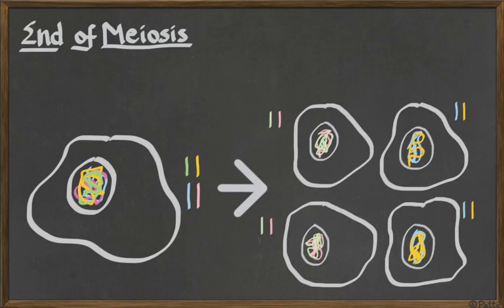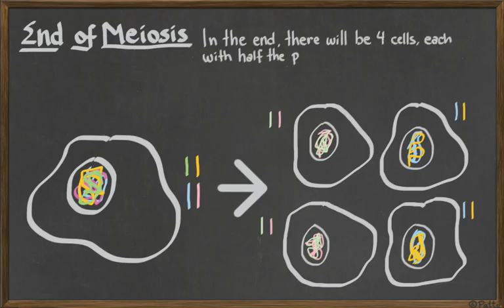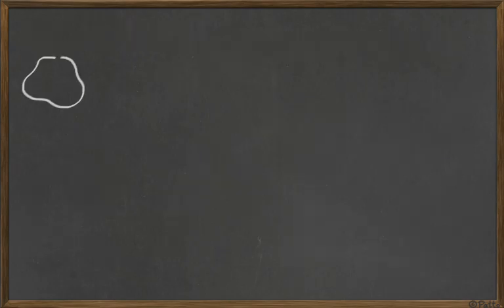If this cell was diploid, each of these is going to be haploid. It's 2 divisions, that's why you make 4 cells. Each cell has half the pairs of the original chromosomes. So you don't have pairs anymore. Now you have 1 of each type of chromosome.